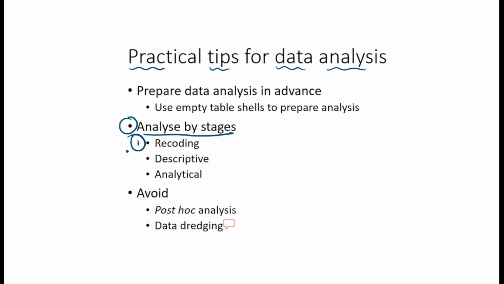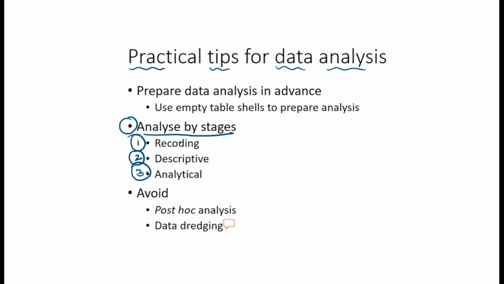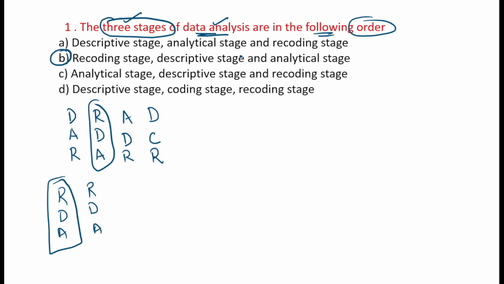First they spoke regarding the recoding stage, second will be descriptive stage and third is analytical stage. So in our question we have taken the same series, recoding stage, descriptive stage and analytical stage. Please remember this question and the answer.